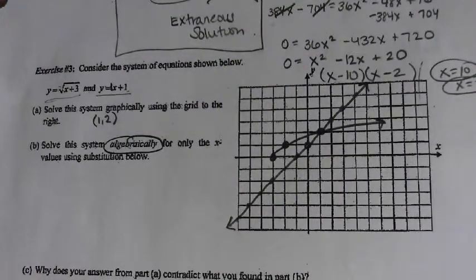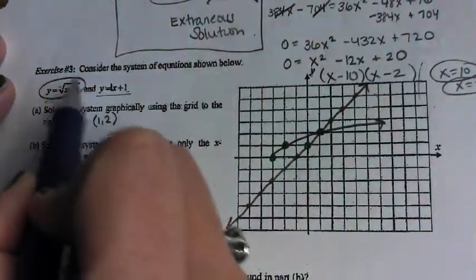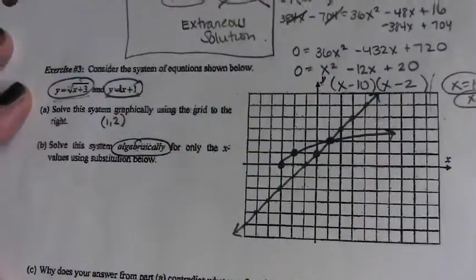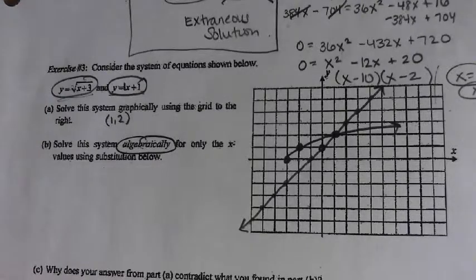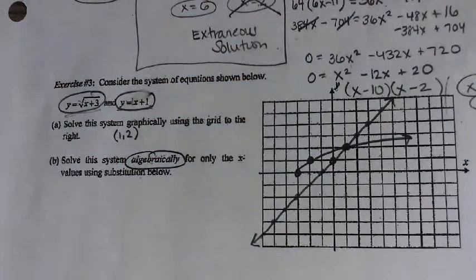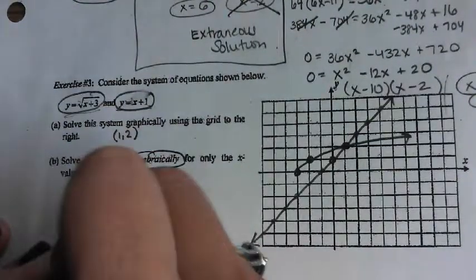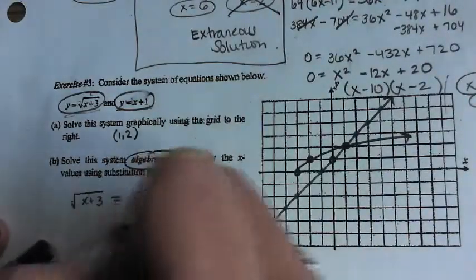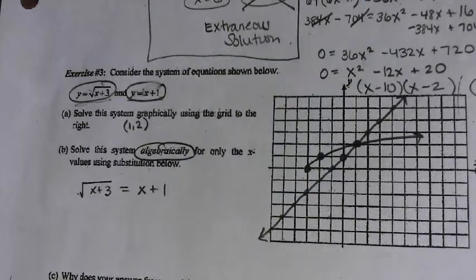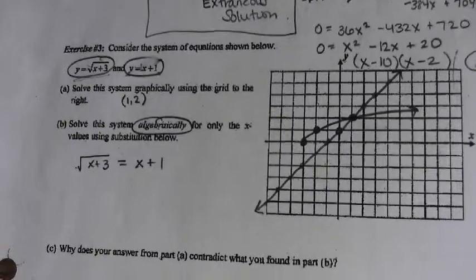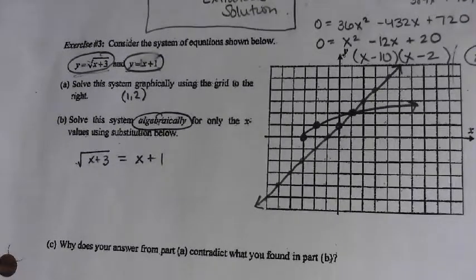Algebraically, this is going to be substitution. So if y equals this and y equals that, what does substitution tell you you can do? If both of those expressions equal y, then they must, Lucas, equal each other. So the square root of x plus 3 equals x plus 1. And we solve.